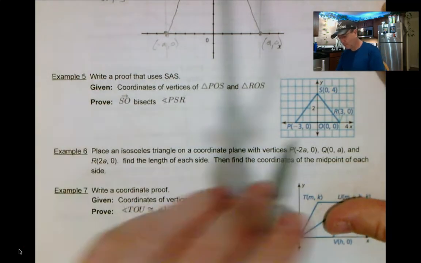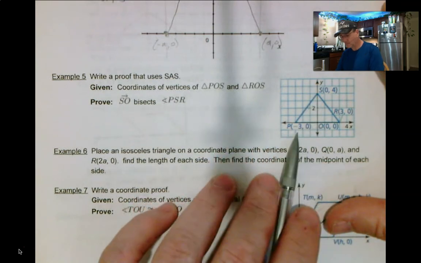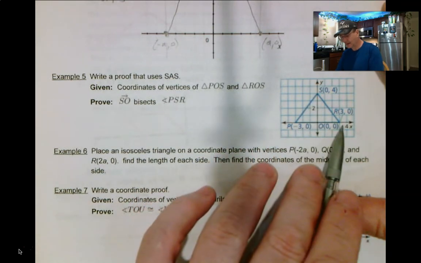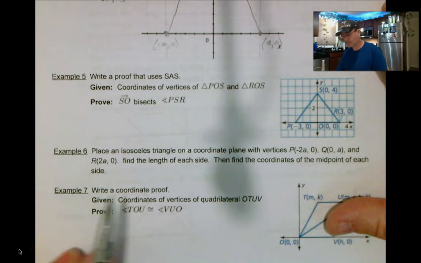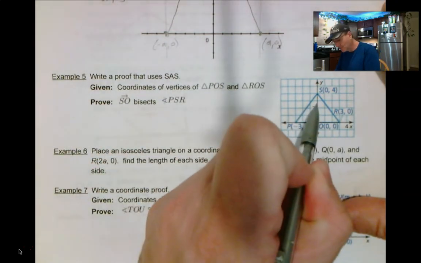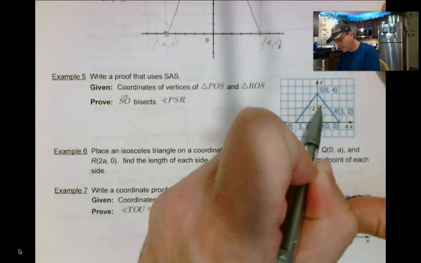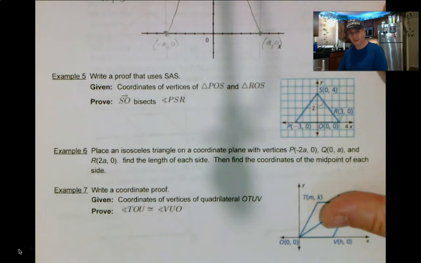So what do I know? What do I know about triangle POS and ROS? Well, we're going to have to prove that they're congruent, because then we're going to prove that this angle and this angle are congruent to each other.